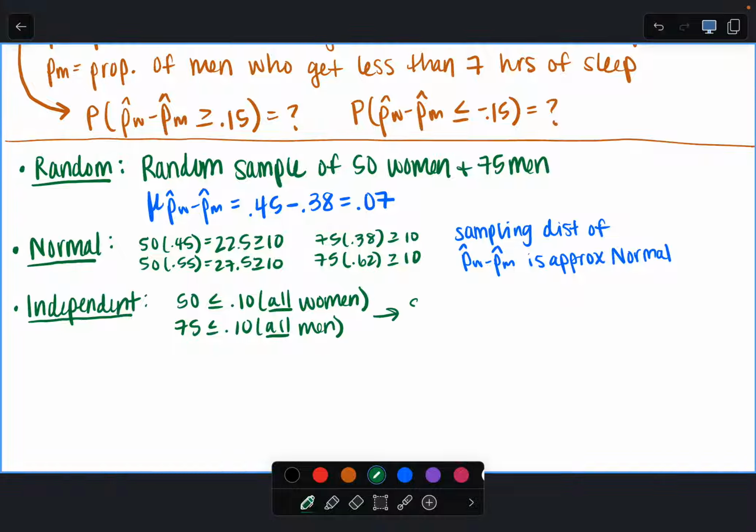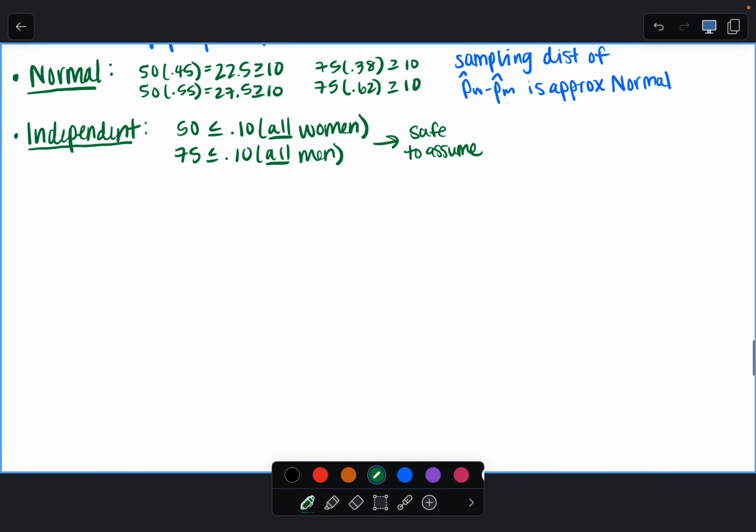And these are safe to assume, because that would just mean that you need 500 men and 750 women in the world. And there are certainly that many in the world.